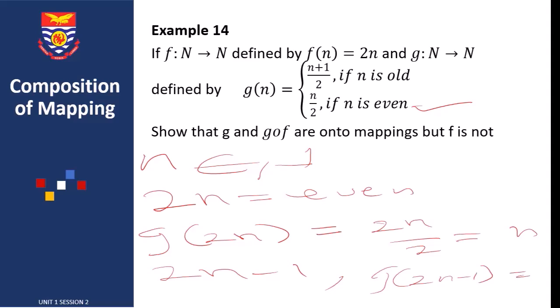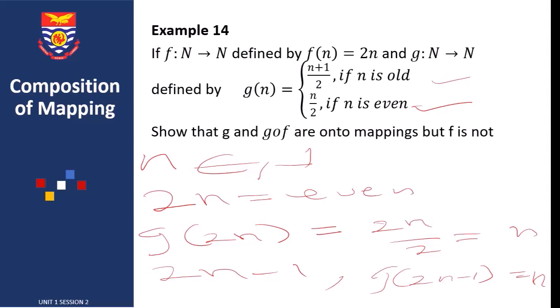Put that into where we have the odd case, and that is 2n minus 1 plus 1 on 2, and the answer is you get n. Okay, so since the odd case is defined and the even case is defined, this implies that g is an onto mapping.